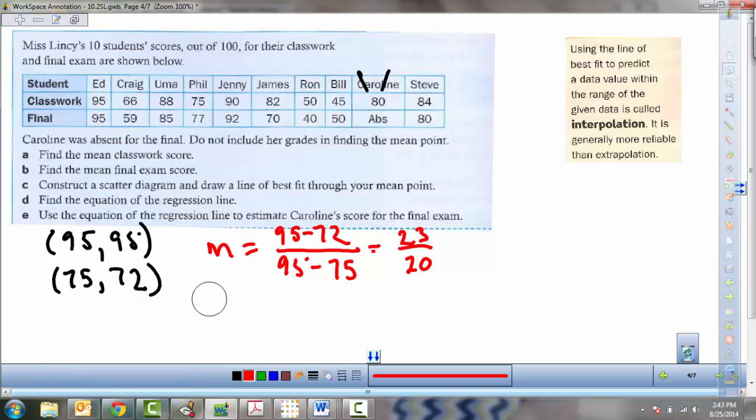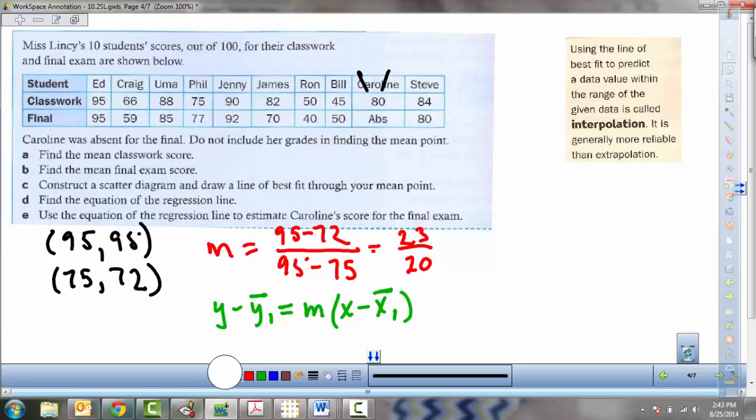Well, we have point slope form: y minus y1 equals m times x minus x1. And x1 and y1 are a point on the line, and the point on the line that I want to use is actually my y bar and my x bar, my average point. This x and this y stay x and y.